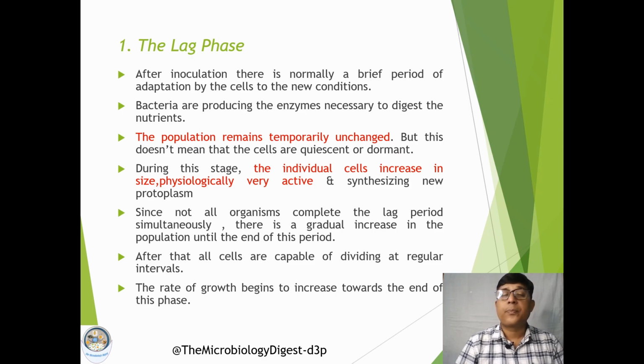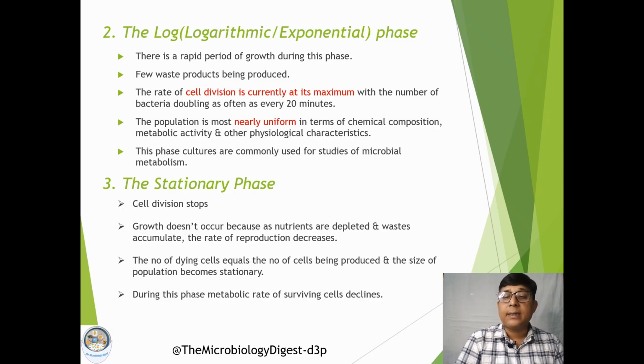bacterial growth curve. Next, the second phase, it is the log phase or the logarithmic or exponential phase. So in this phase, what happens? There will be rapid growth of the organisms during this phase. It starts with rapid multiplication of the organisms, and there will be a sharp increase in the bacterial population.